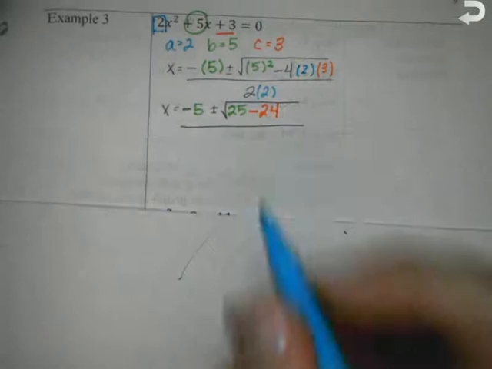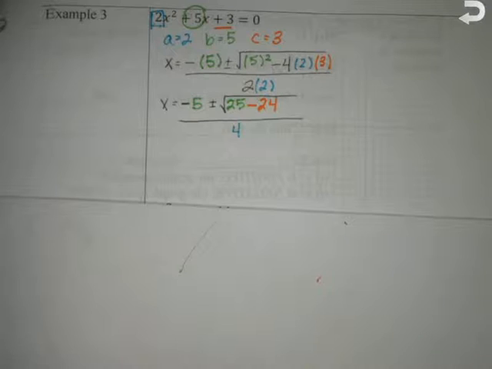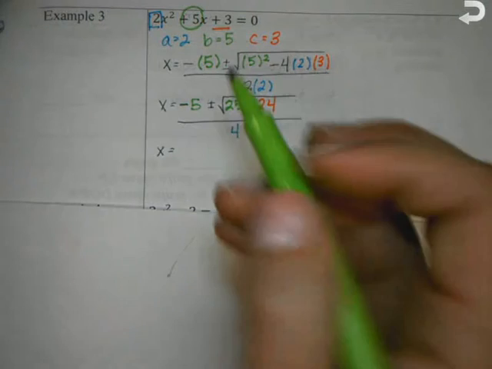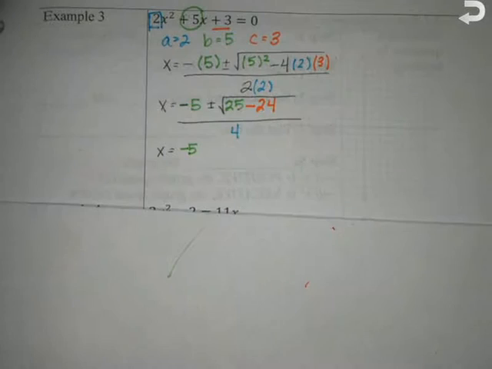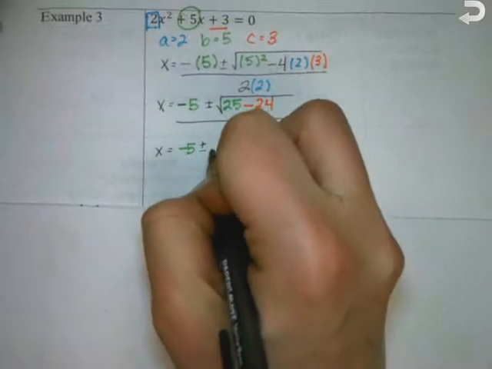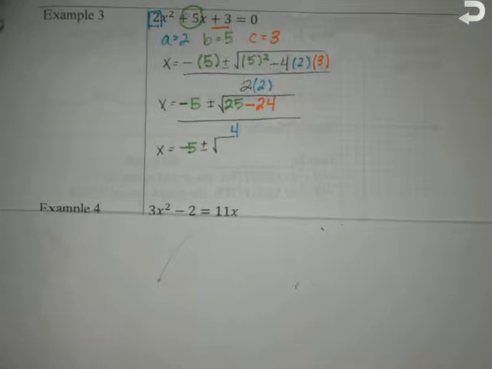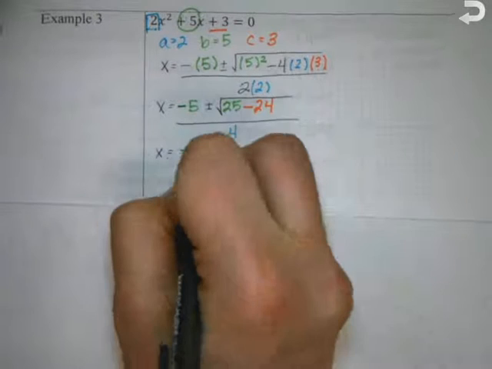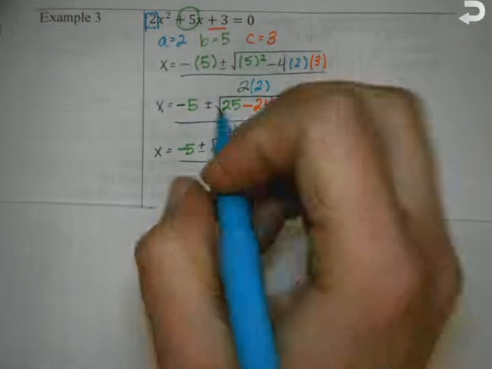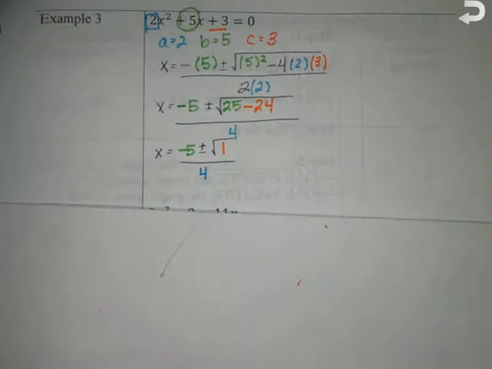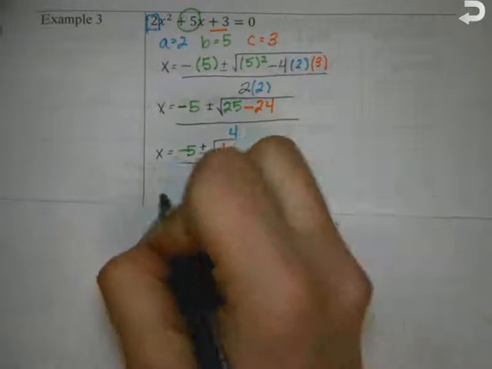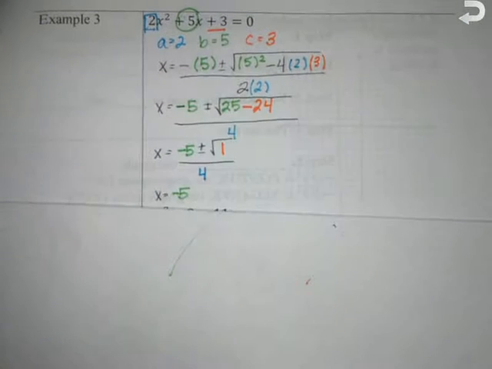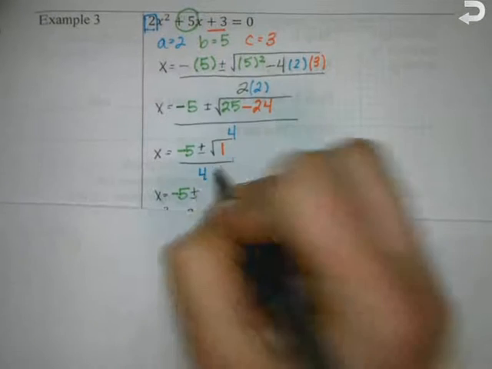So x equals negative 5 plus or minus square root of what? 1, all over 4. What's the square root of 1? 1. So x equals negative 5 plus or minus 1. Well, the square root of 1 is 1, right? Oh, yeah. All divided by 4.